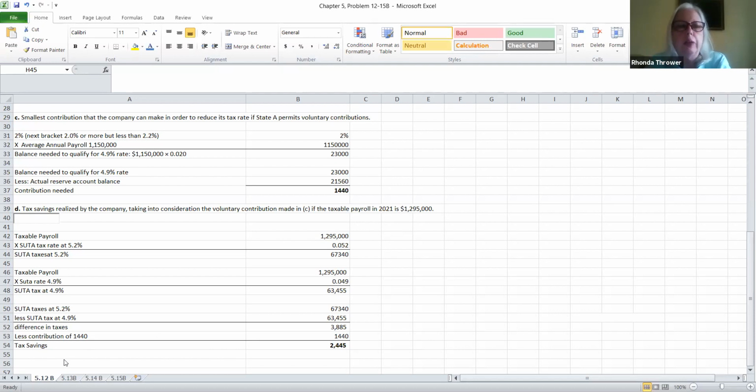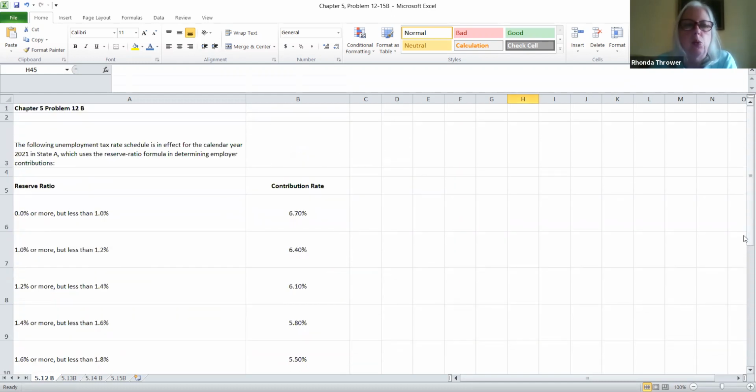So you should be able to see problem 5-12B in the Excel spreadsheet that I prepared for you. The following unemployment tax rate schedule is in effect for the calendar year 2021 in State A, which uses a reserve ratio formula in determining the employer contributions.